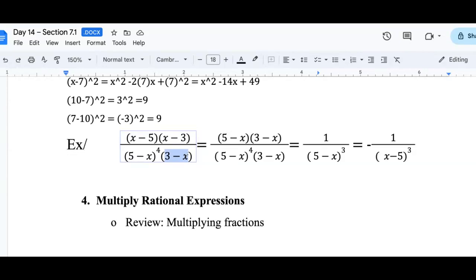But for 3 minus x, if we want to switch, we need to factor out the negative sign. So x minus 3 divided by 3 minus x, those two factors equal negative 1.